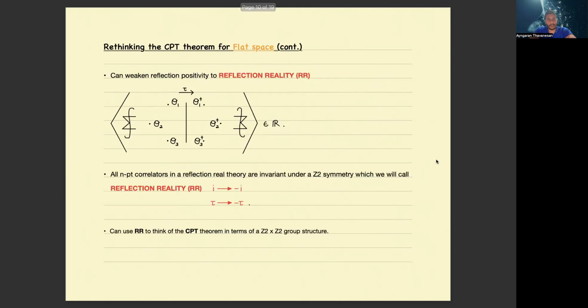But we can weaken reflection positivity to give reflection reality. So this is a theory with both positive and negative norms in Lorentzian signature. And we then see that all n-point correlation functions in a reflection real theory are invariant under a discrete symmetry, which I'm going to call reflection reality. And we can use reflection reality now to think of the CPT theorem in terms of a Z2 times Z2 group structure.